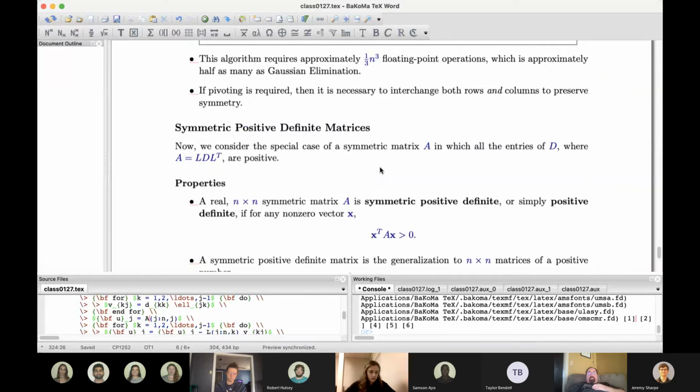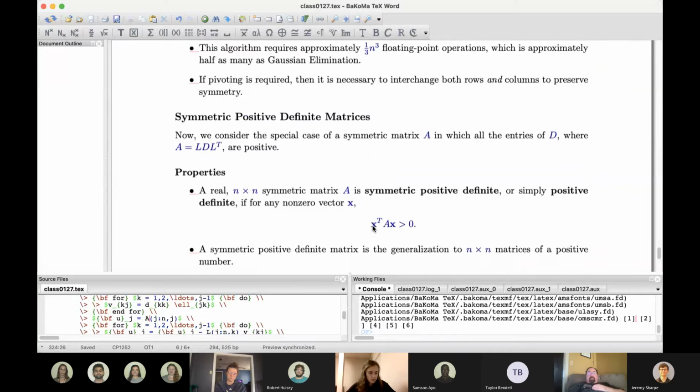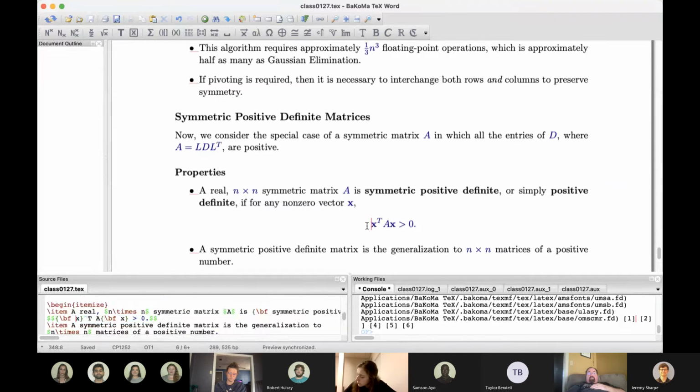So here's a definition of a symmetric positive definite matrix. A is symmetric positive definite if, first of all, it's symmetric, and second, this inequality holds: X transpose AX must be strictly positive for any X that is non-zero.